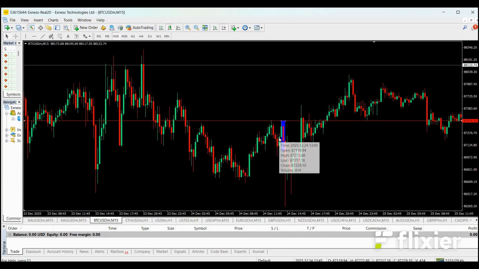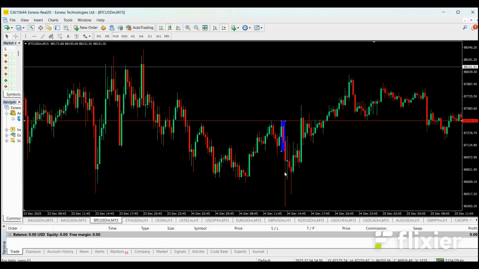Because remember, in our playbook, we say that the green candle has to be half of the red candle when you're looking at sellers. And when you're looking at buyers, the green candle has to be half of the red candle, all right? At least the body.